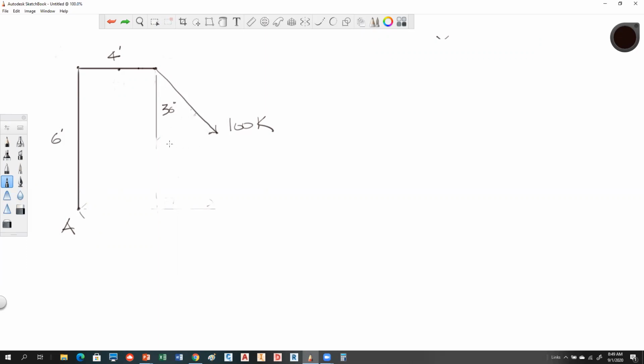This 30 degrees is the vertical component, and this is the horizontal, so we have to think about that, okay? So I'm going to say that my y component, because I can see that pretty easily, y is going to be equal to 100 times the cosine of 30 degrees.